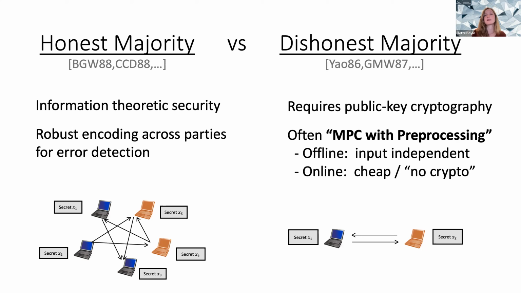In this phase you're allowed communication and computation, but the inputs are not known. So this whole phase needs to be input independent. And the benefit of this, and I'll talk more about it later on, is that once the inputs do come along, it's possible to achieve a very cheap and non-cryptographic online phase, which can be formalized.